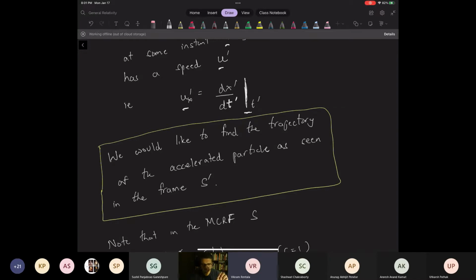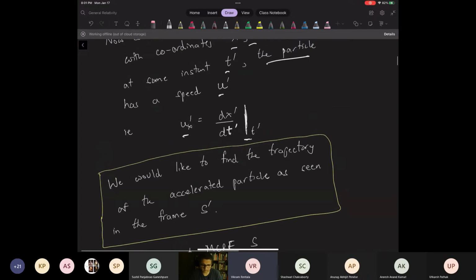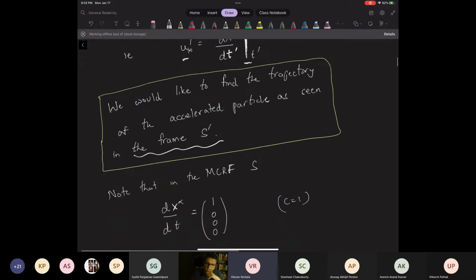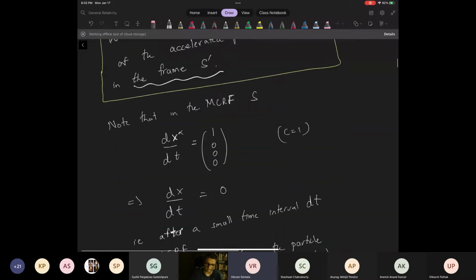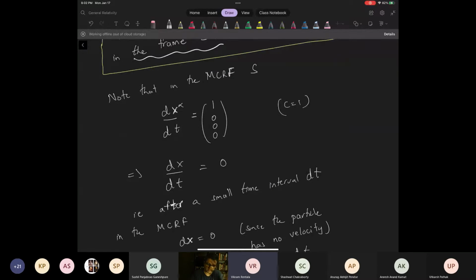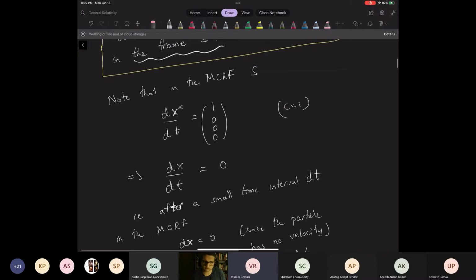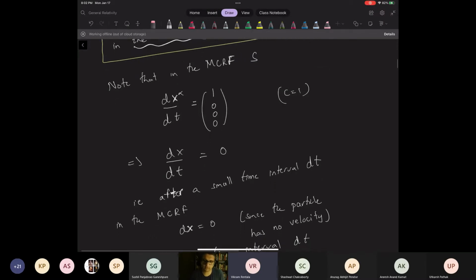What we would like to do is find the parametric trajectory of this accelerated particle as seen in the frame S prime. In the frame S prime, we would like to find out what this parametric form of the trajectory is. What we know is that in the MCRF, it has a constant acceleration. So that's the problem that we're going to solve now. Any questions at this point before I try to actually solve this problem?